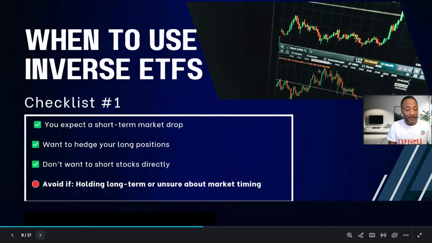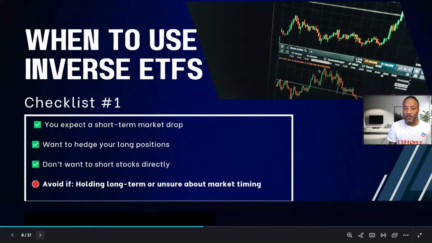So let's say, hey, I've established a lot of long positions and now the market is falling on me. This is a way to hedge that loss that you see in your portfolio, so that you don't take such a large hit. And this is if you don't want to short stocks directly. So placing options, putting a put, a lot of complexity.